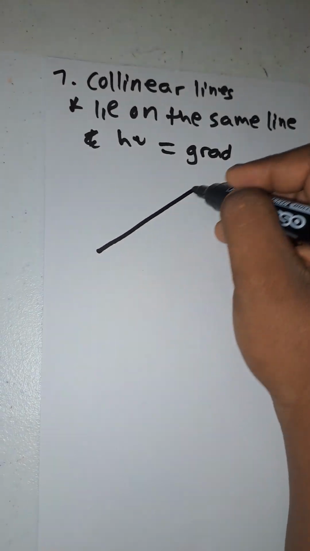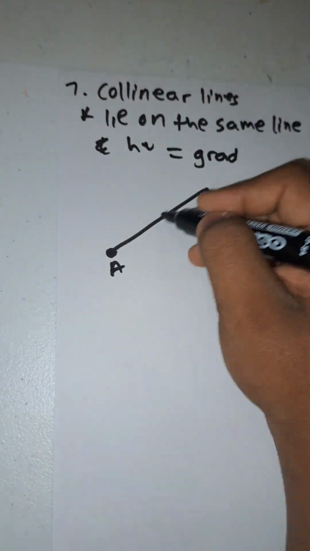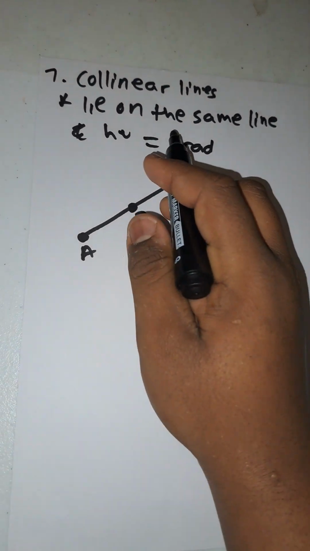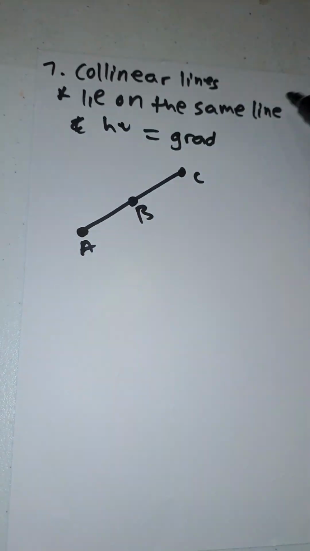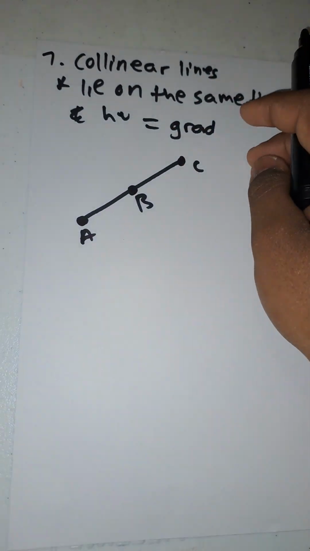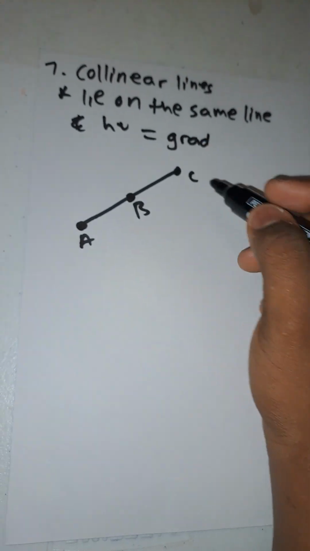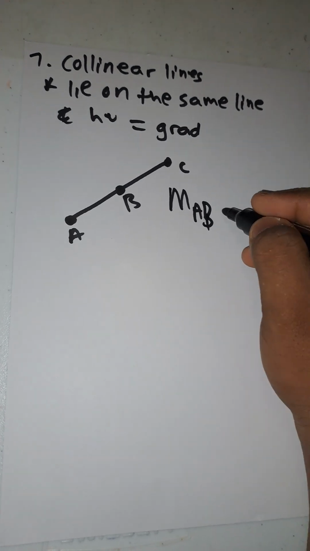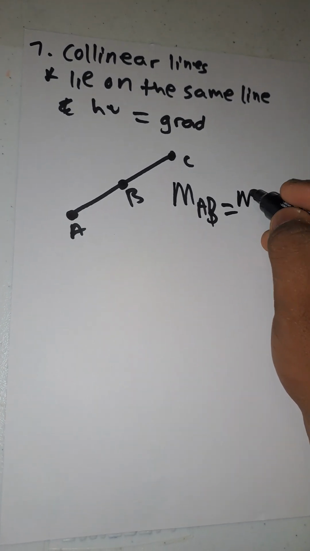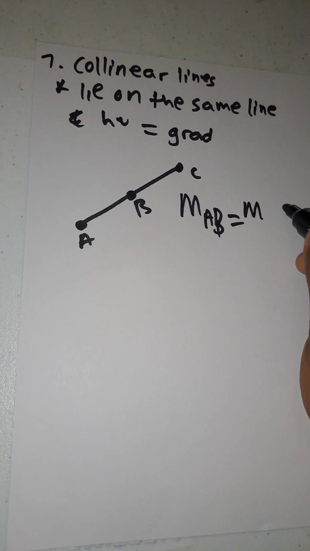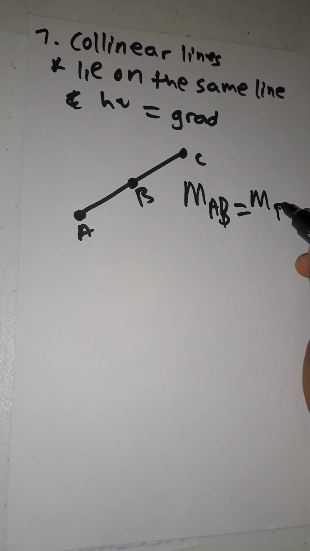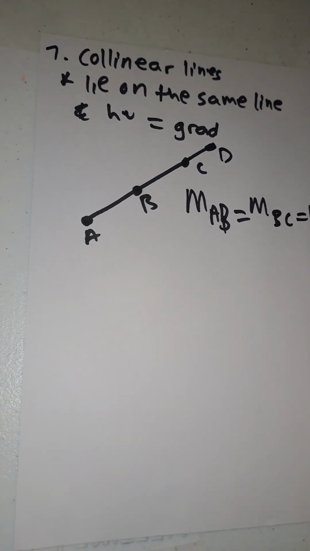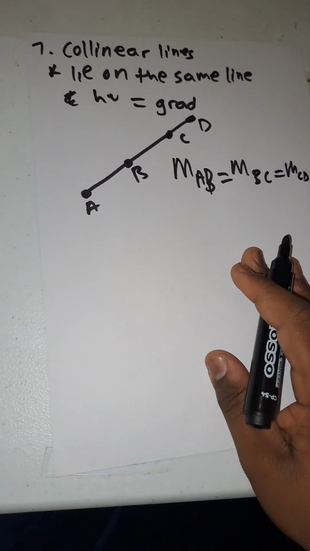So for example, I can have A there, B there, and C. Since they lie on the same line and they have equal gradients, it means the gradient of AB is equal to the gradient of BC. Let's just have another point there, D, which is equal to the gradient of CD. That's how it works. Is it fine?